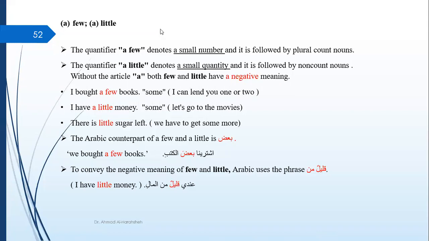To convey the negative meaning of few and little, Arabic uses the phrase قليل من.